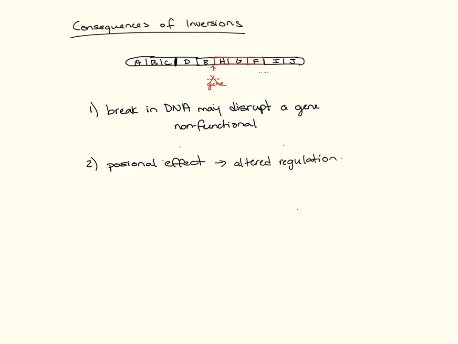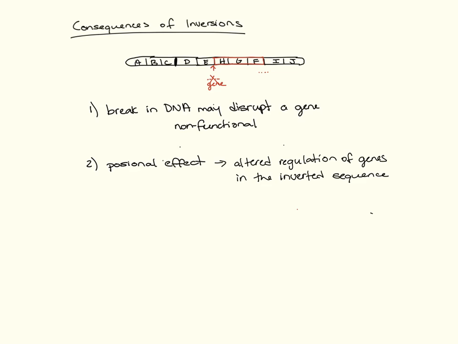So we have altered regulation of genes in the inverted sequence. Or of genes outside of the inverted sequence, but whose regulatory or promoter region happens to be within that inversion.